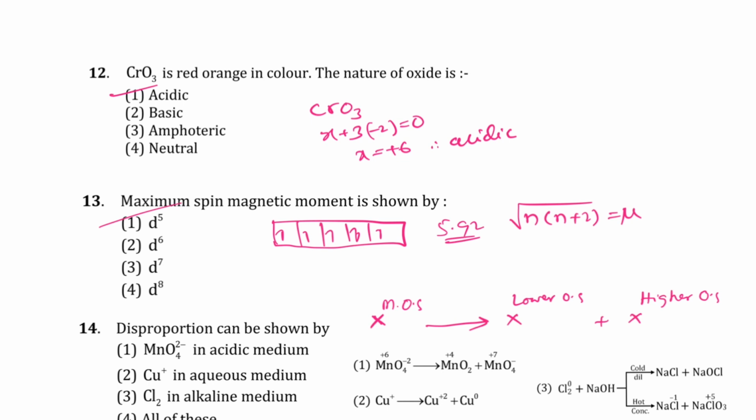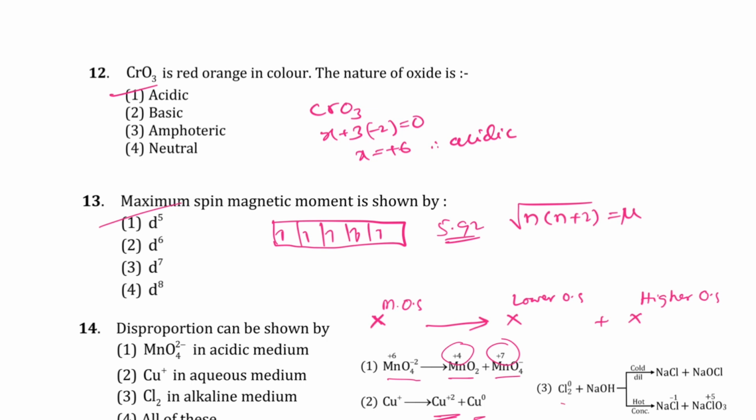So first, manganate is converted into MnO2 and MnO4 minus. These oxidation states are also mentioned here. And Cu plus is converted to Cu plus 2 and Cu. So this is also a moderate one converted to higher and lower.